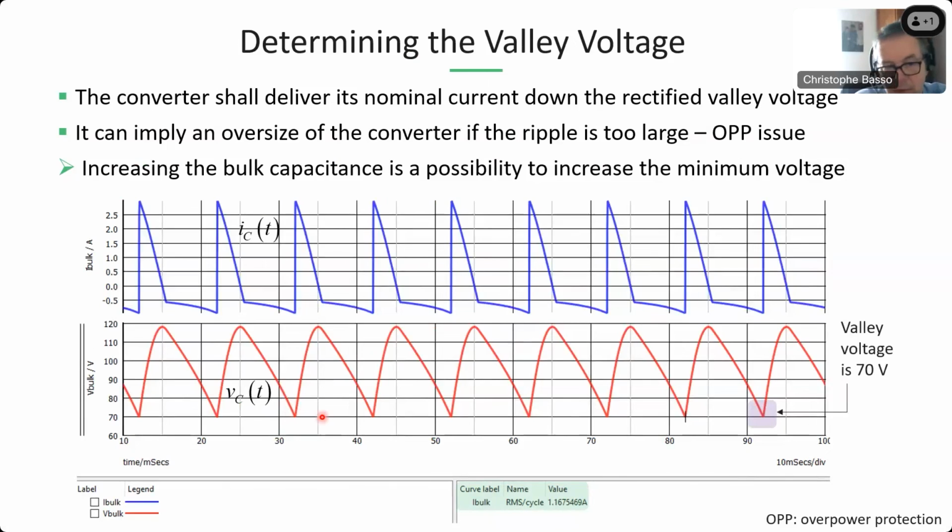If you fail to do that, again, as I said, you may push the feedback to the limit while you start approaching the valley here, and then you will see the ripple showing up in the output. And of course, when the cap is aging, this valley voltage will go down. You need to have a certain amount of margin to make sure that the power supply will operate okay along its life cycle.